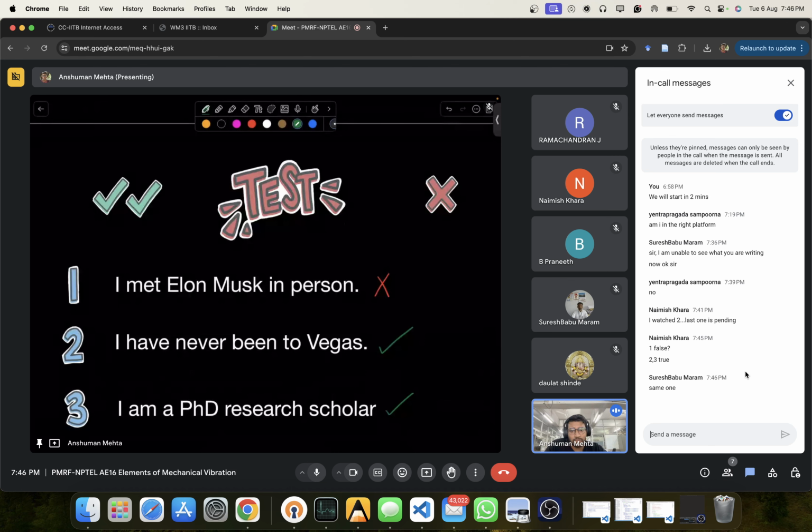Any different answer from this? See, statement 3 is obviously true. I'm a PhD scholar in IIT Bombay. That much I know. So everything is for statements 1 and 2. In 1 and 2, which is correct, which is false?